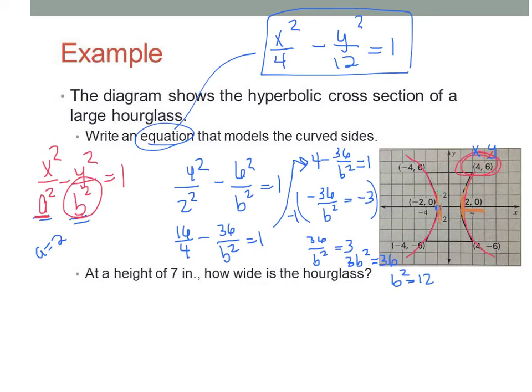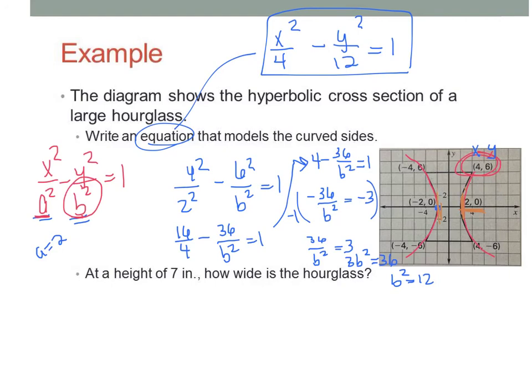And then at the height of 7 inches, how wide is the hourglass? Well, what this is asking me for is at a height of 7 inches.